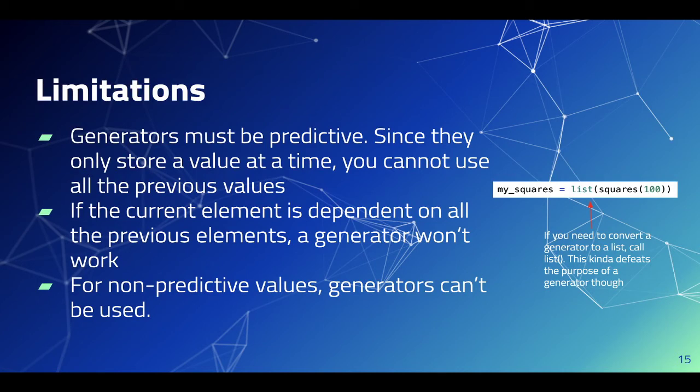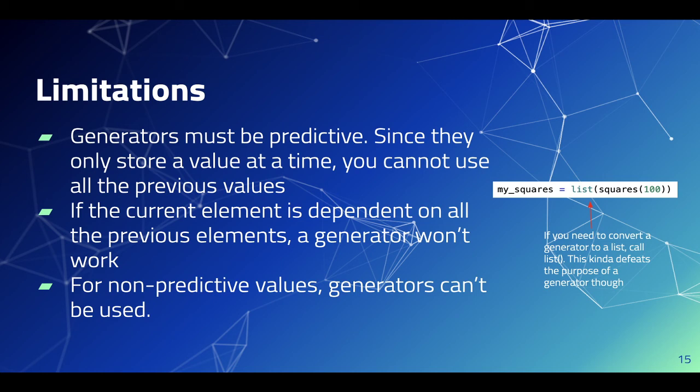So let's talk about the limitations. We talked about predictiveness, right? Generators must be predictive. Since they only store one value, basically two actually, since the previous value counts, at a time, you could not use all previous values to determine the next value. Let's say you have an algorithm that calculates numbers, and each next number is the sum of the previous numbers.